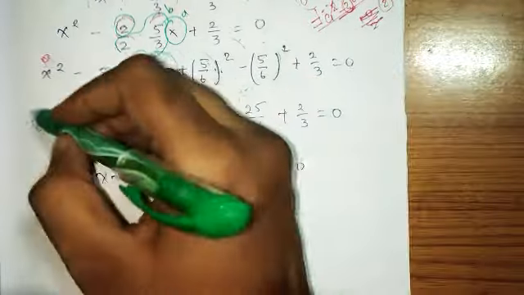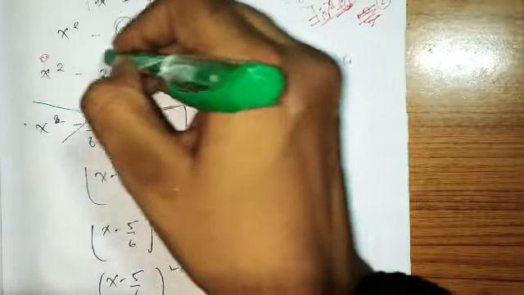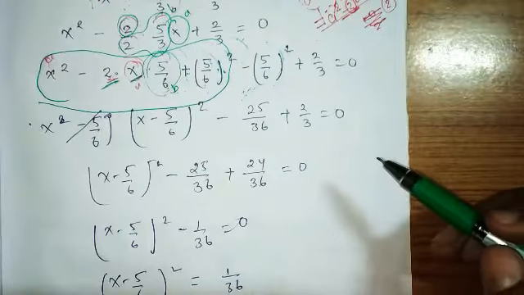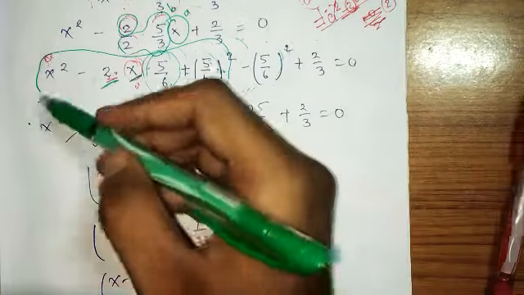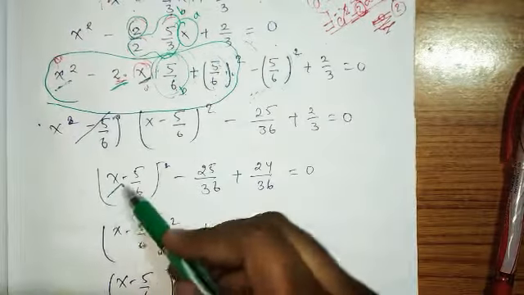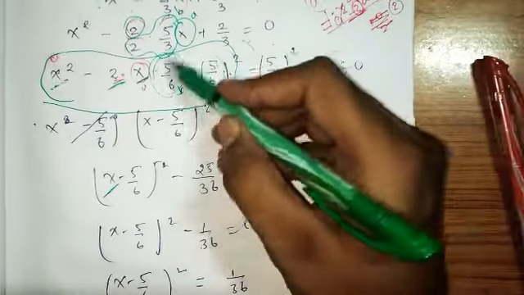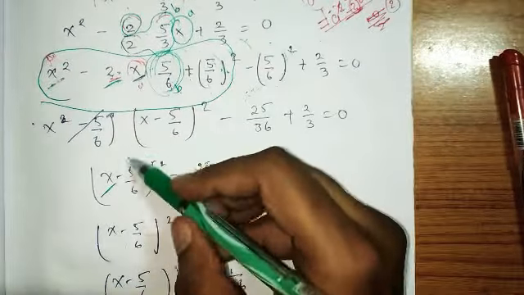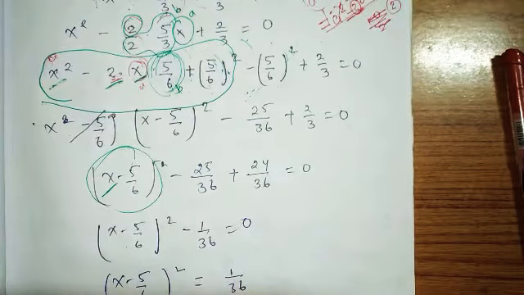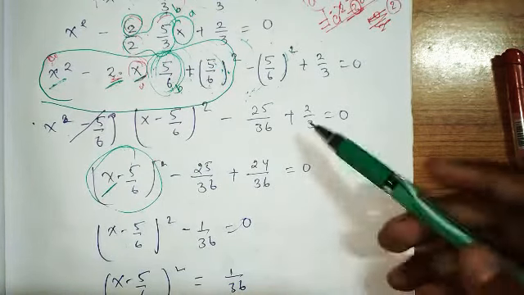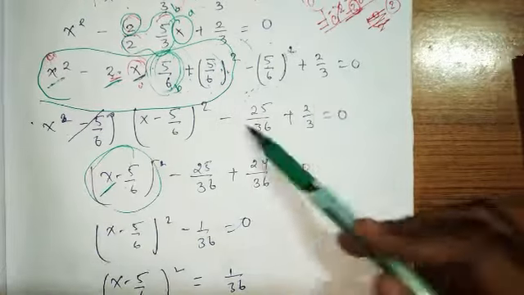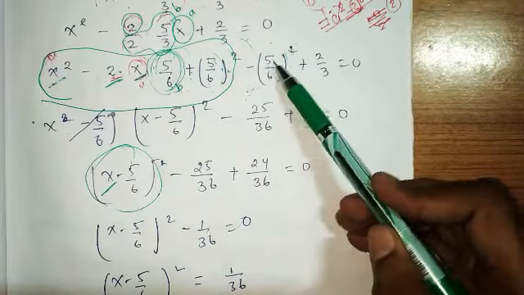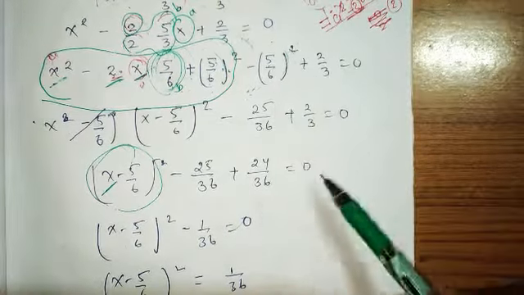So now this whole term has become the formula of a minus b whole square, where a is x and the b is 5 upon 6. So this is the formula of a minus b whole square. Now you can solve it by basic algebra. This is 5 square, that is 25. This is 36.